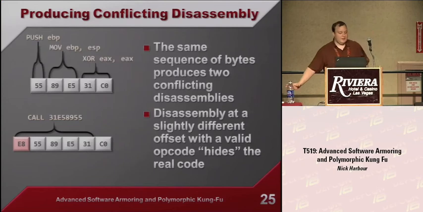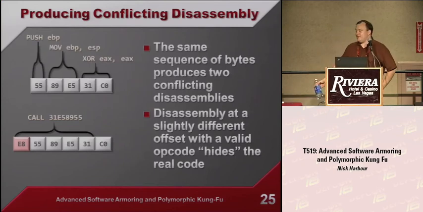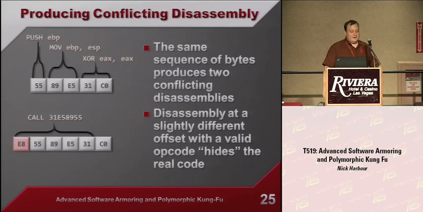So here's an example. We have 3 instructions, a push, a move, and an XOR. They take up 5 bytes. If you start at the right offset, they produce that exact set of instructions. If for whatever reason the disassembler started 1 byte earlier and we planted an E8, then it's going to disassemble a call instruction. It's pretty basic, and the disassembler is never going to go back and produce 2 overlapping instructions. They just don't.